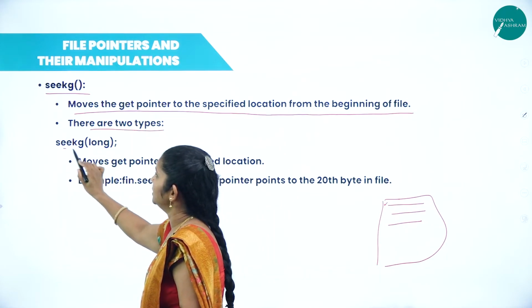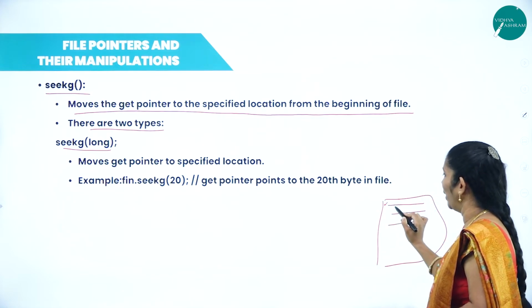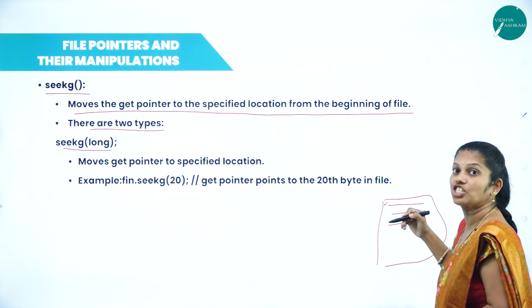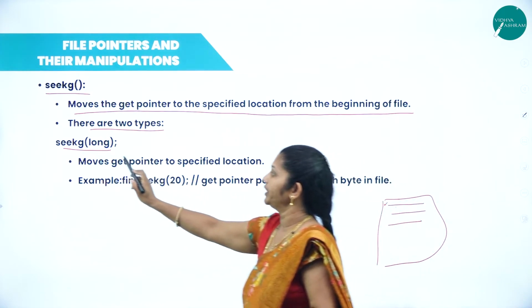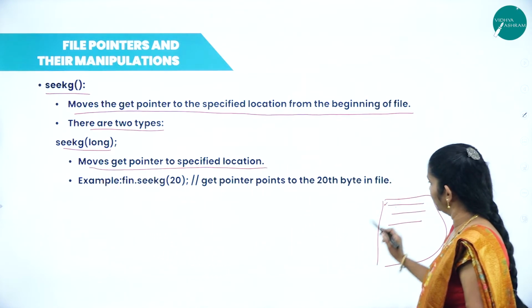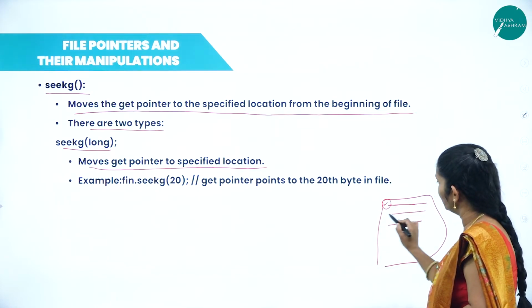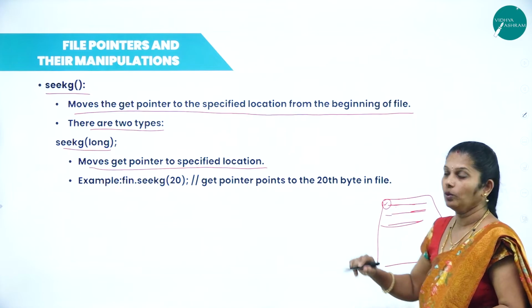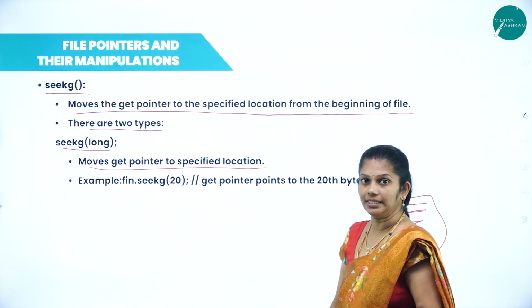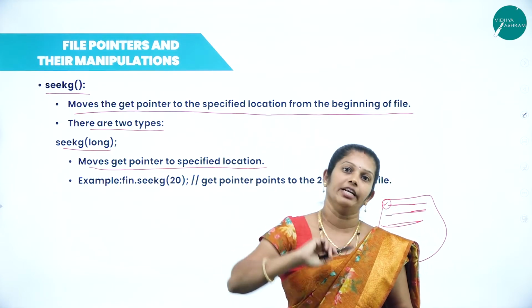The first is seekg with a long argument. How far should the get pointer move, for example 20 bytes? How much space it has to be moved, that is what it tells you. It moves the get pointer to a specified location. Usually the get pointer is at the beginning; seekg tells how many positions it has to move, from the beginning to a particular position.